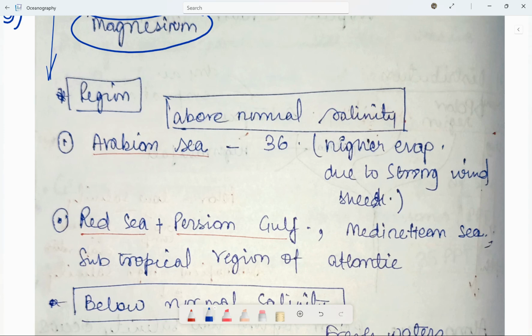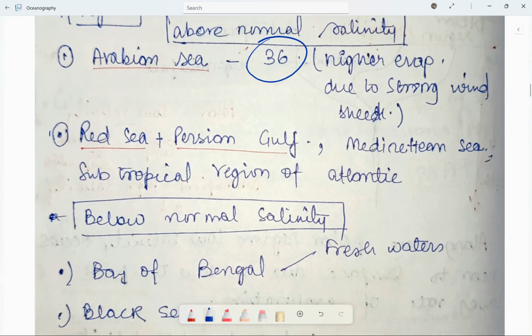Number one is the Arabian Sea, where the salinity level is 36, whereas the average we have learned is 35. This 36 is because of higher evaporation because of the strong winds. Next, Red Sea, Persian Gulf, Mediterranean Sea, subtropical regions of Atlantic. In all these places salinity is very high.